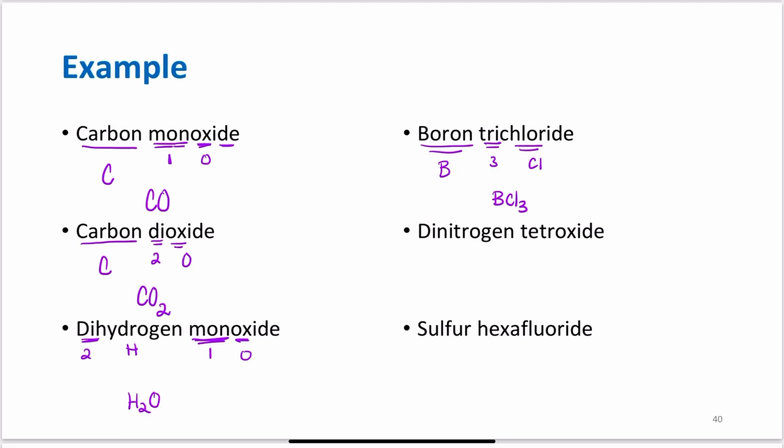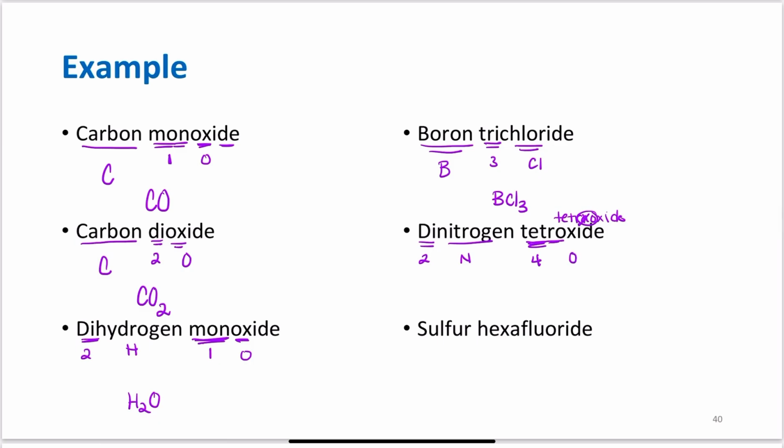Dinitrogen tetroxide. Notice here is where I have not written tetraoxide. I'm not going to put the 2 vowels next to each other. I'm going to drop that A and write tetroxide. Dinitrogen, 2 nitrogen. Tetra, T-E-T-R-A, even though I've dropped the A, tetra stands for 4.